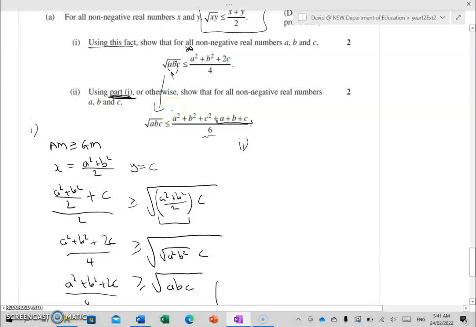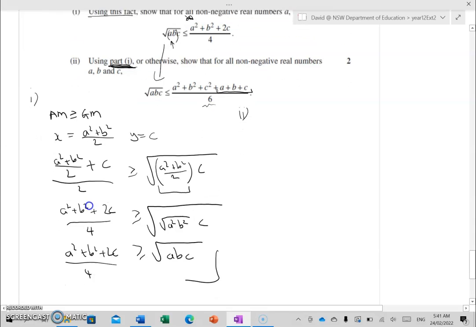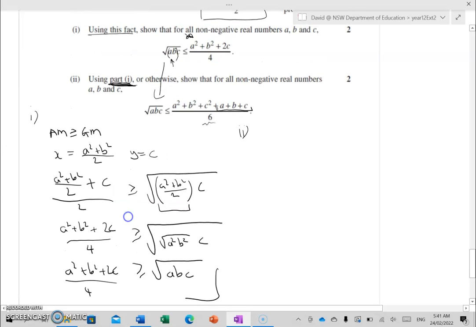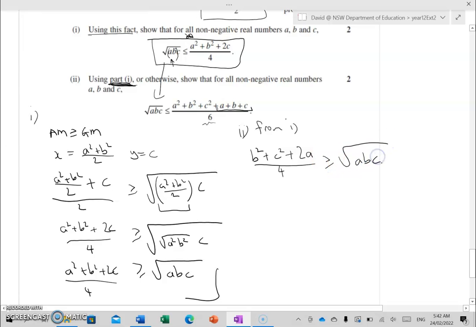So I think the logical thing is to look for three pairs, and let's use the previous result and just rotate a, b, and c around a bit. So from part I, instead of a squared, let's make it b squared, and instead of b squared, let's make it c squared, and then it'll be plus 2, and the other letter, which is a, over 4 is greater than or equal to root abc.